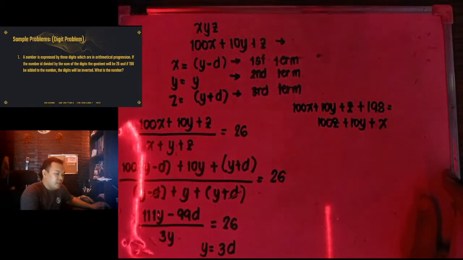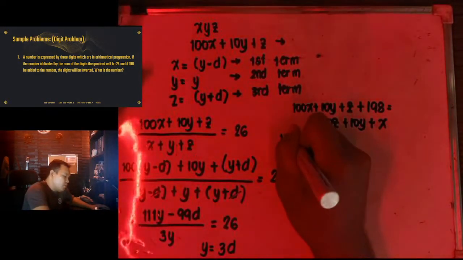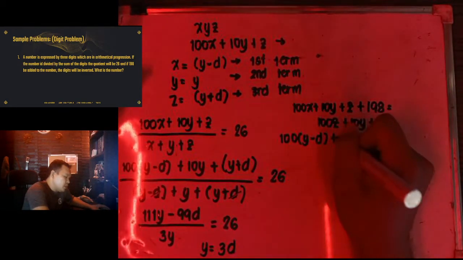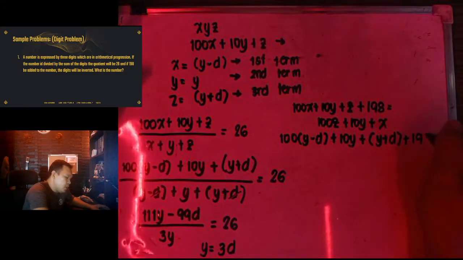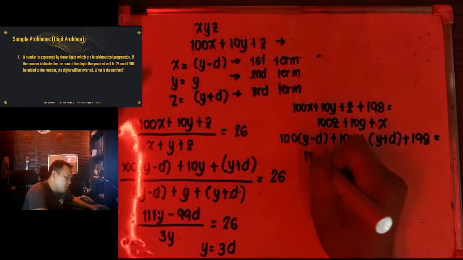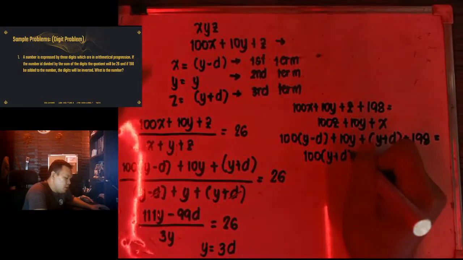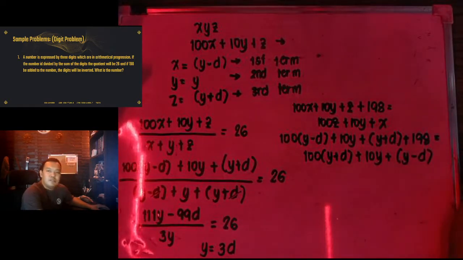Then again, put in the value of x and the value of z. So we have 100 times x, which is y minus d, plus 10y, plus the value of z, which is y plus d, plus 198 equals 100 times the value of z, which is y plus d, plus 10y, plus y minus d.